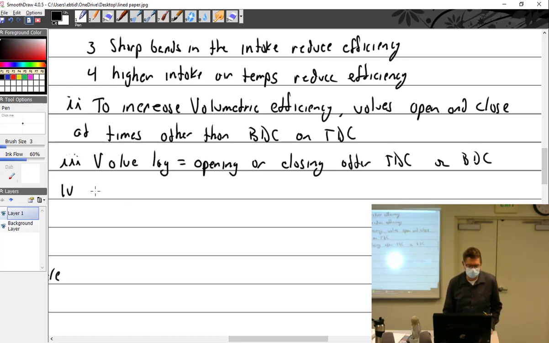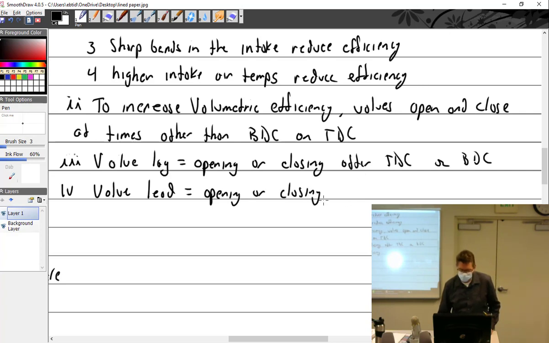Valve lead, just the opposite. Valve lead, opening or closing before TDC or BDC.